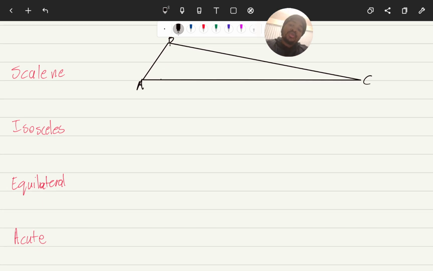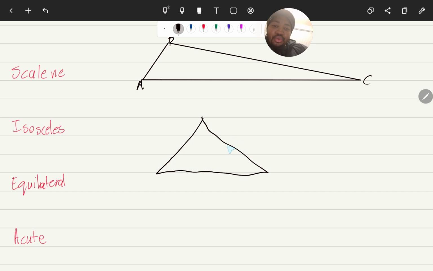Then we go on and talk about isosceles. Isosceles also has its own specialties. There are only two sides equal, and therefore two angles equal. A good example of an isosceles triangle is this one.